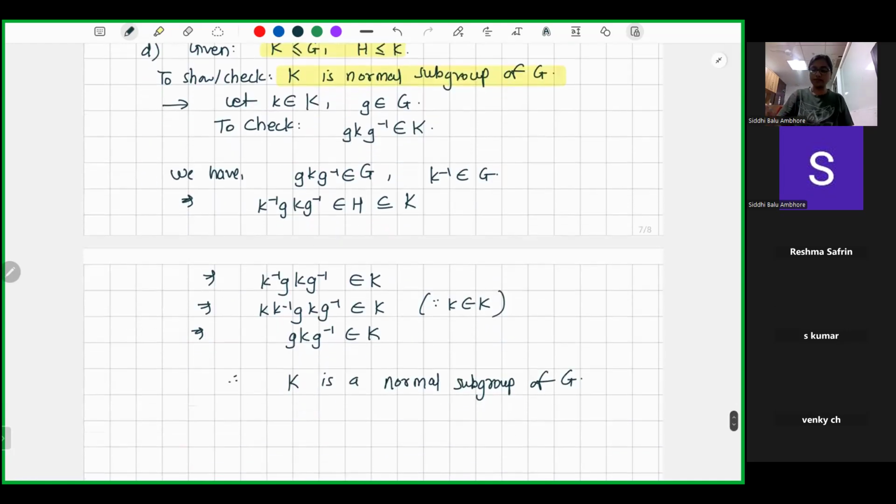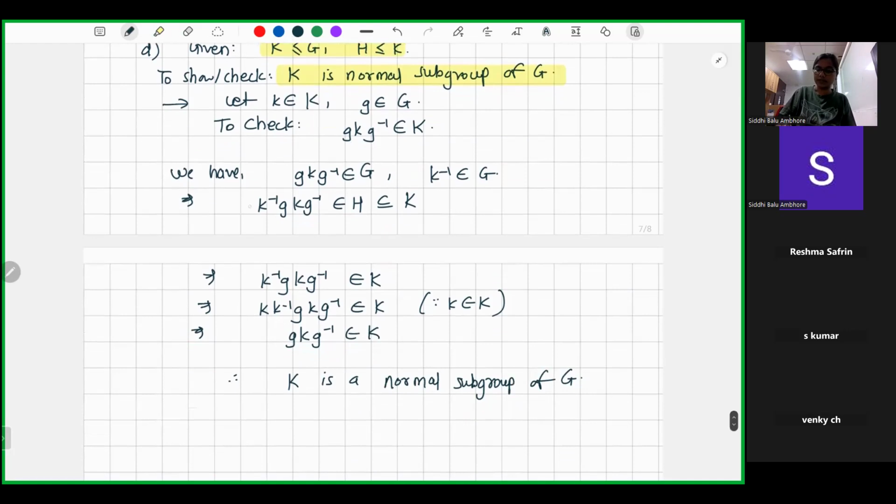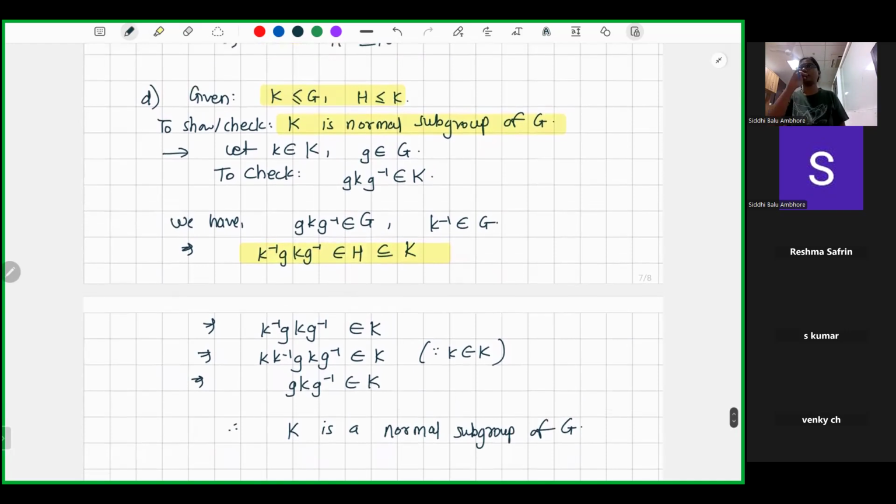It is happening from this property, the way H is defined or has generators.